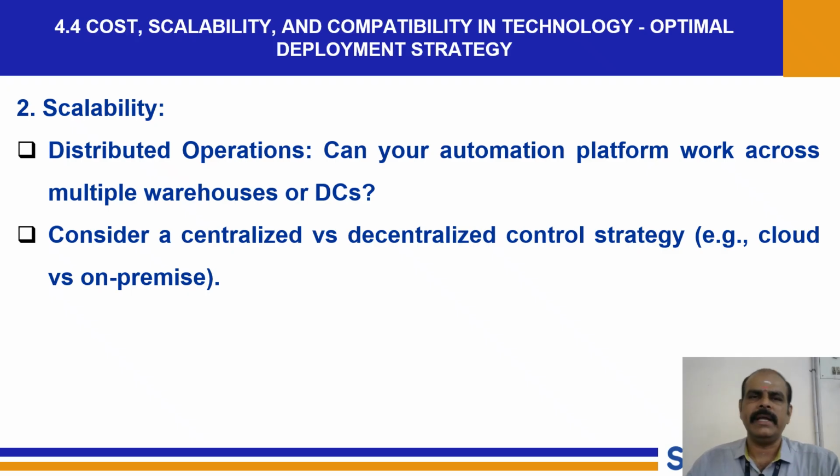Split them into various applications or geographical locations. Likewise it can be thought of, and that is what is a decentralized control strategy. See, you are just postulating certain things. If it is practically feasible, we'll adopt. If not, we'll think of some other strategies. So this is going to be another important aspect.